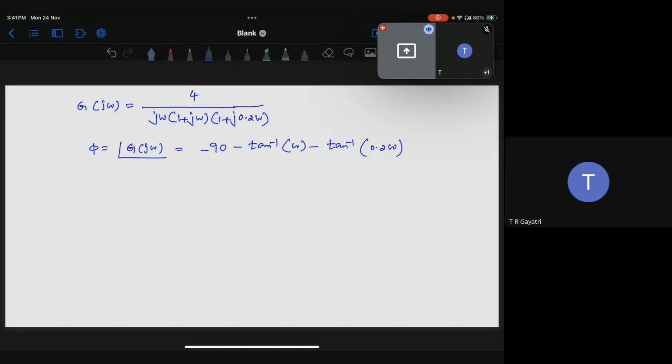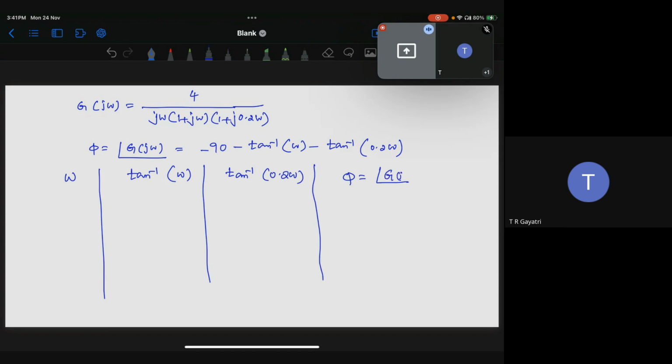Okay. Similarly, if you do the calculations, for the same values of omega you can have these values: tan inverse omega, tan inverse 0.2 omega. Then finally you have phi of G of j omega. So you can take different values 0.1, 0.5, 1, 5, 10, 50, 100.